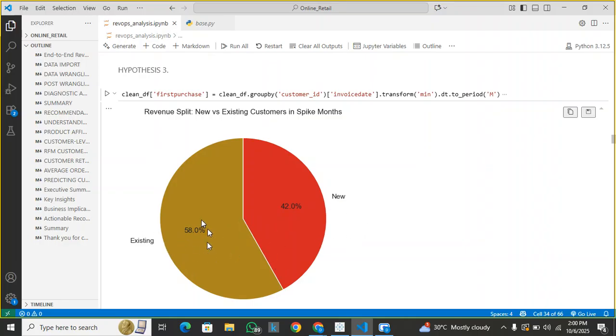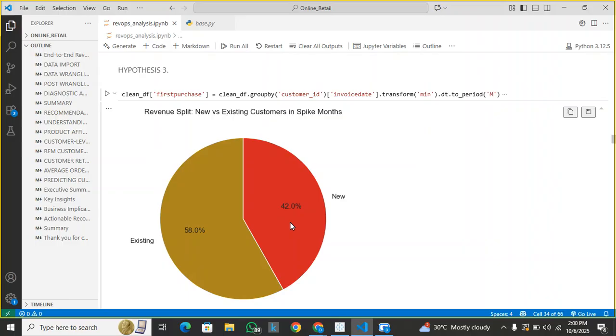So existing customers contributed 58% of the revenue, while new customers contributed 42% to the overall revenue, which is astonishing because you would expect existing customers to give double of what the new customers give, but the difference is just 8%. So the margin is really, really close.